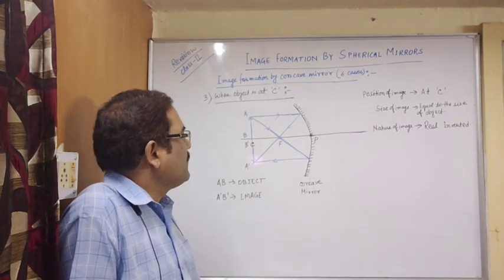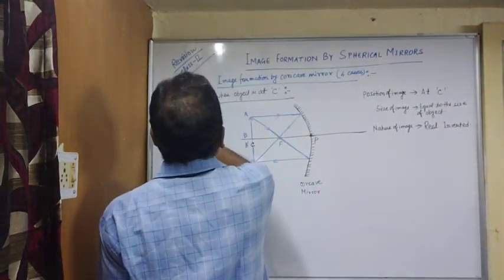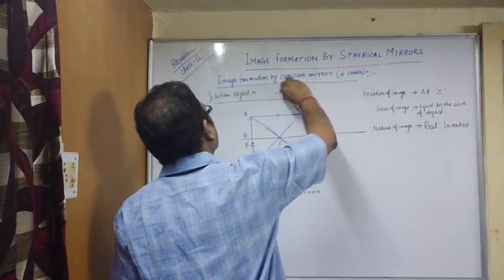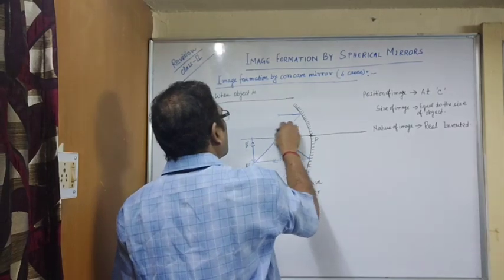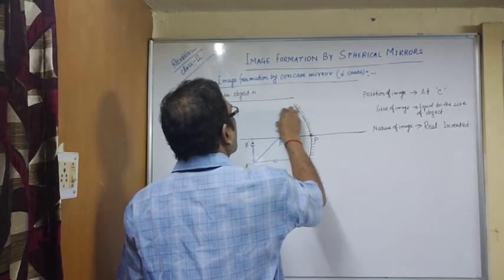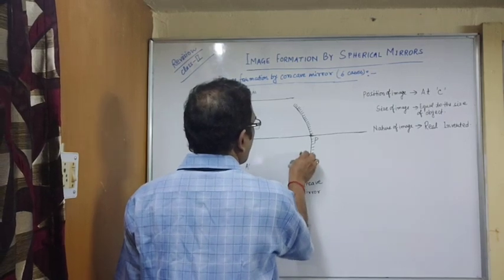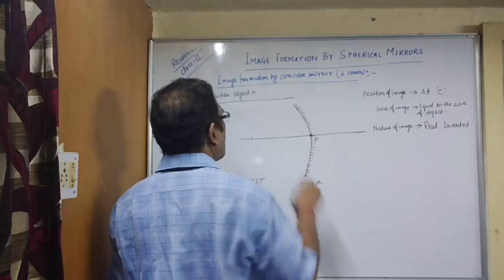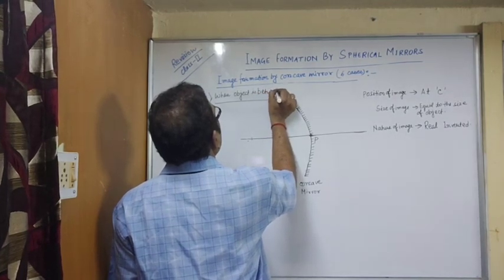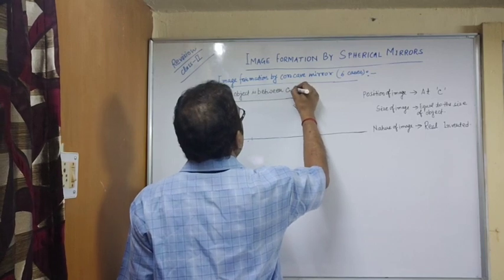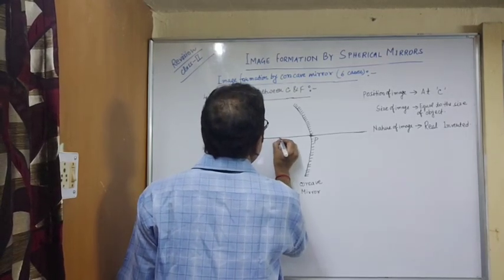So next position will be between C and F. Fourth case, when object is between C and F, between center of curvature and principal focus.